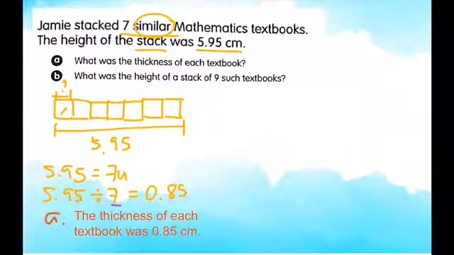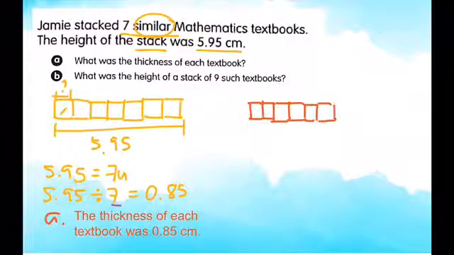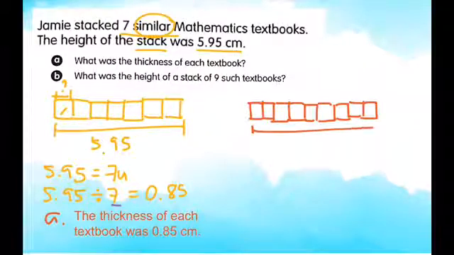To help me answer the problem, I could simply draw this time 9 units for the 9 textbooks. So I already have 6 units, 7, 8, and then 9. I know that 1 unit or 1 textbook has a thickness of 0.85.